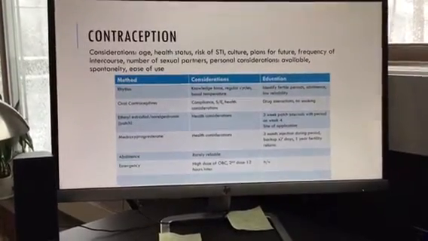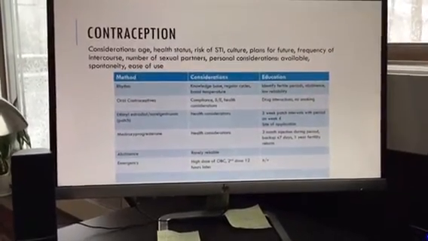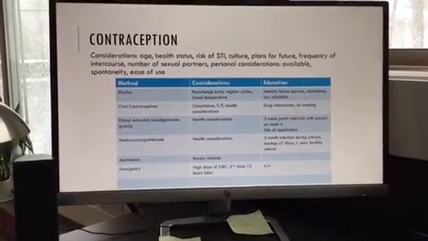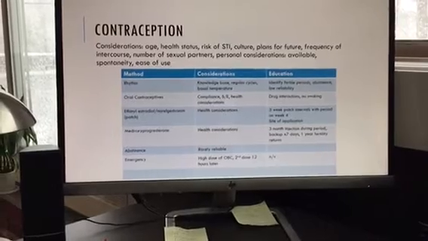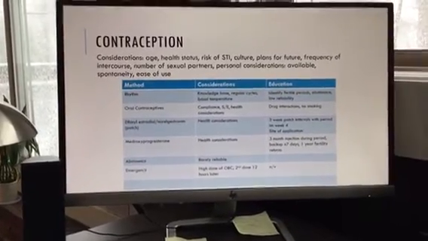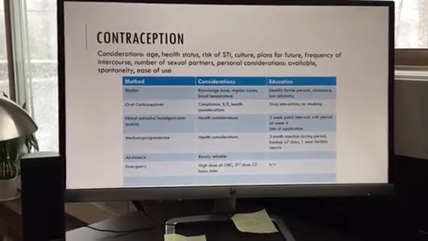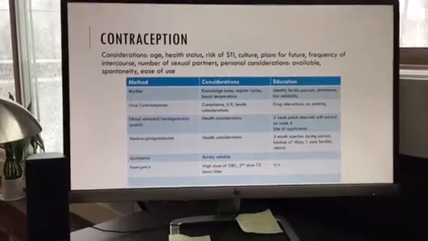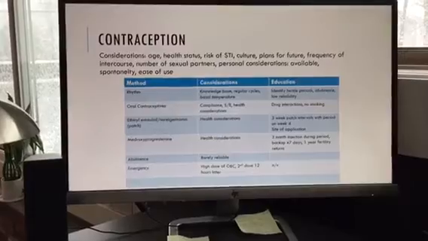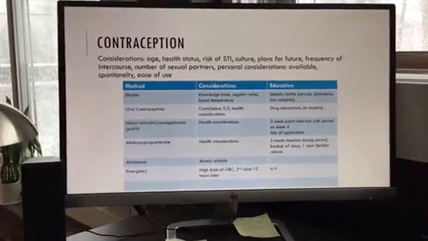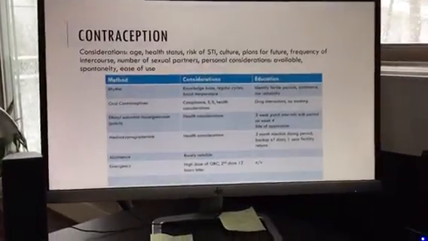Does she want to have more children, or any children, or never have children, especially with sterilization? You can see where that would be a concern. I mean, sterilization will not be an option if a woman has not ruled out having more children. Frequency of intercourse can come into play, spontaneity, does the woman know how to use it?